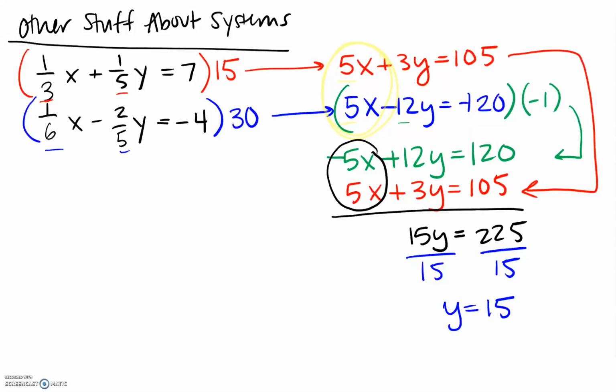And then it's up to us. Now that we have a y, we can either plug back in to find an x, and we have three options for where we could plug in. We could plug into the first equation, the second equation before we modified them. We can plug into the ones that don't have fractions. Any of those are fair game. The second option besides plugging in somewhere is to just do elimination a second time.